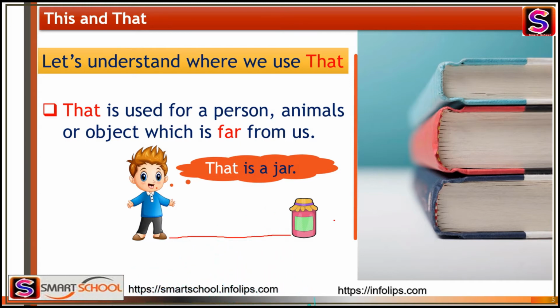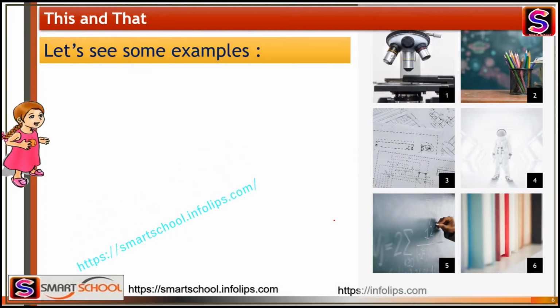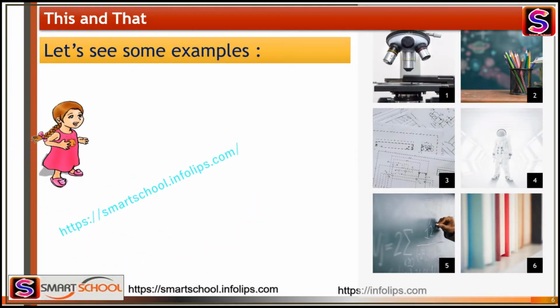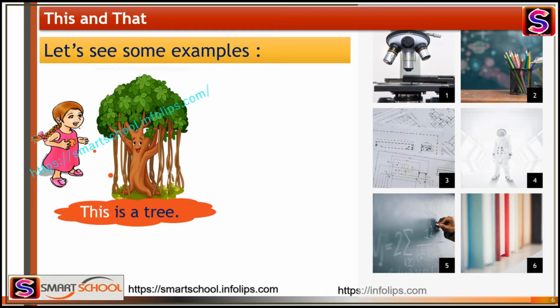Okay, so let's see some examples. See here, there is a girl, and this tree is very near to her. So what will she say? She will say, this is a tree, because that tree is so close to her.